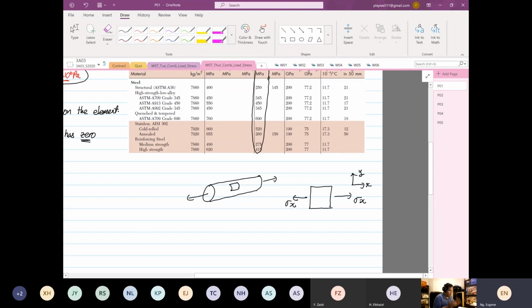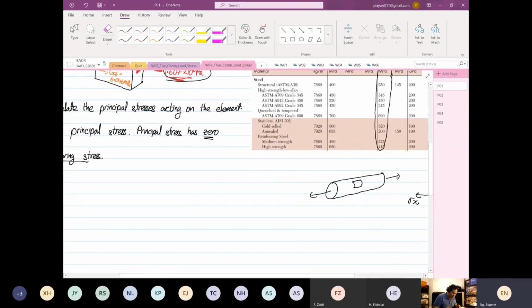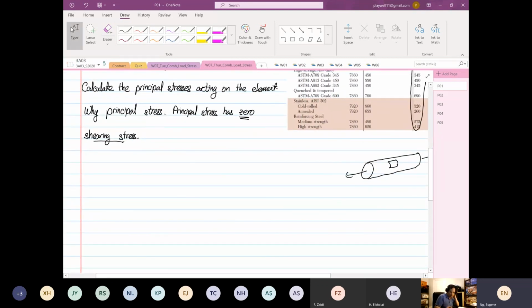Now, based on the stress we have in our problem, I'm going to draw this in 2D, following our transformation.